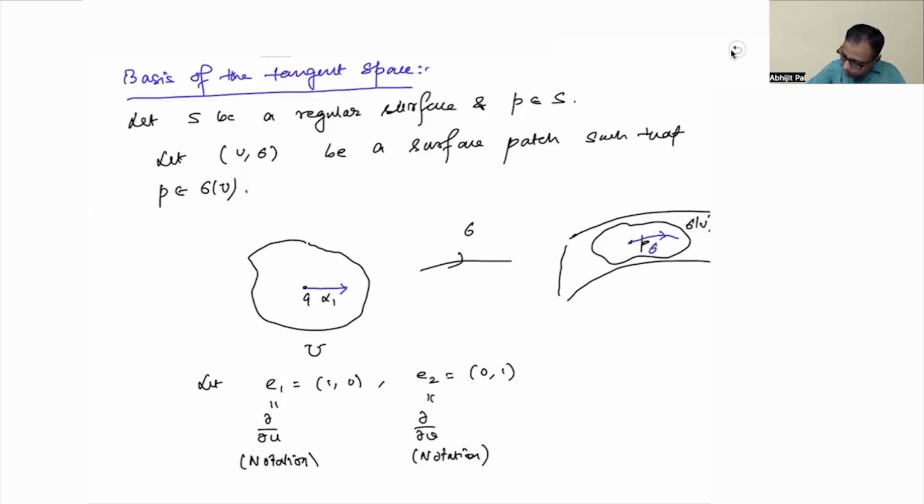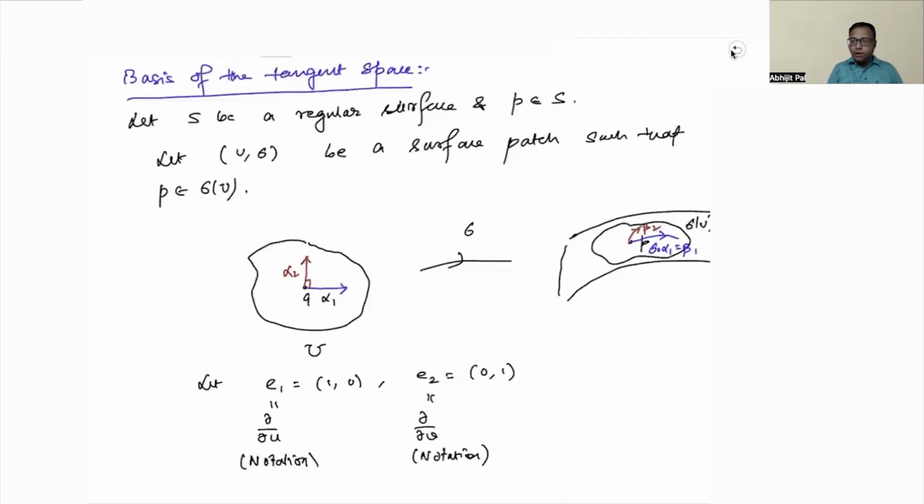This is my sigma composed with alpha 1, which is equal to beta 1. And again for this perpendicular line alpha 2, I'll again get a curve, which I have called beta 2.